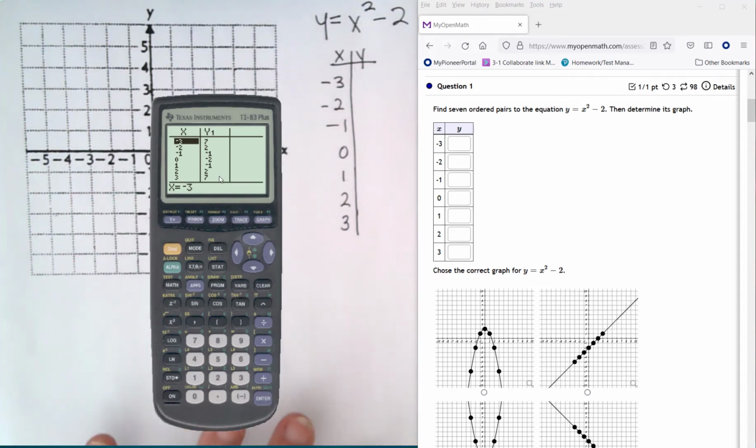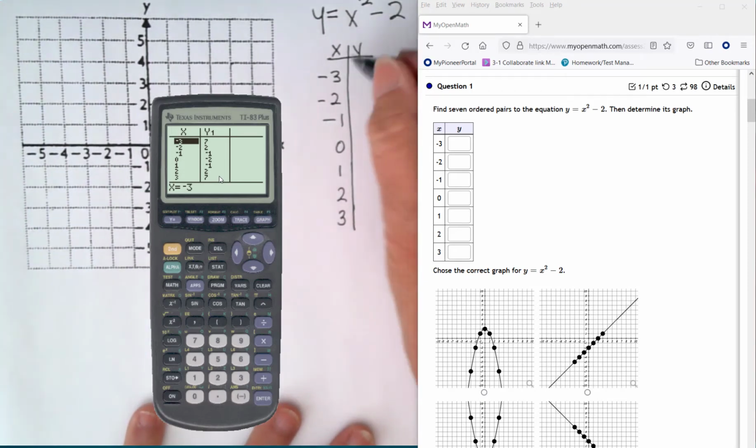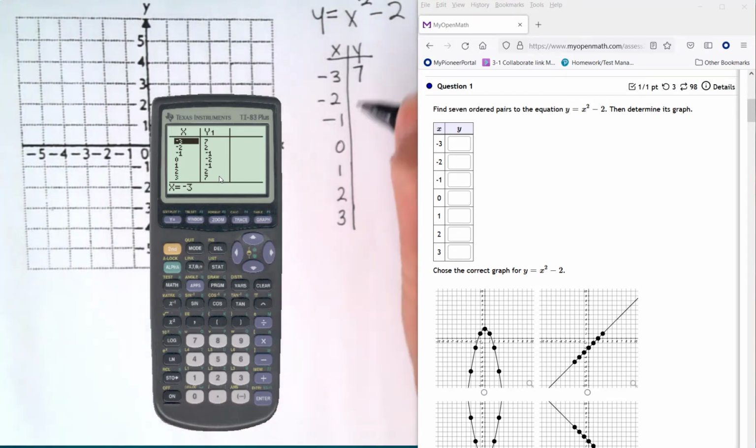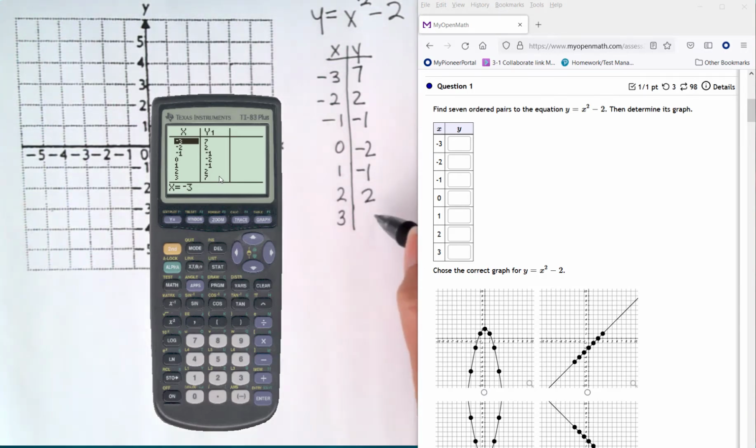So we can fill in. I have -3, 7. I have -2, 2, -1, -1, 0, -2, 1, -1, 2, 2, and 3, 7.